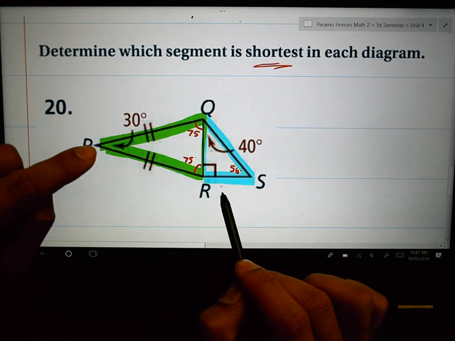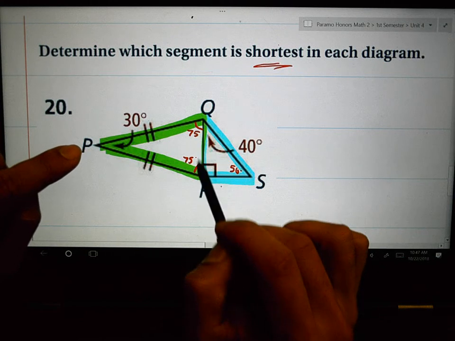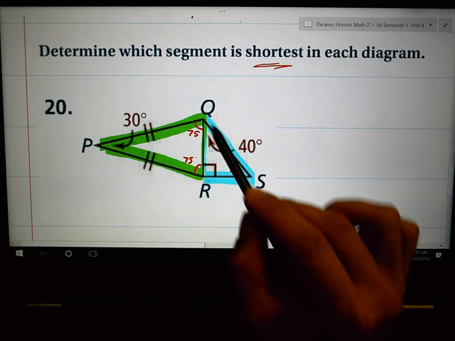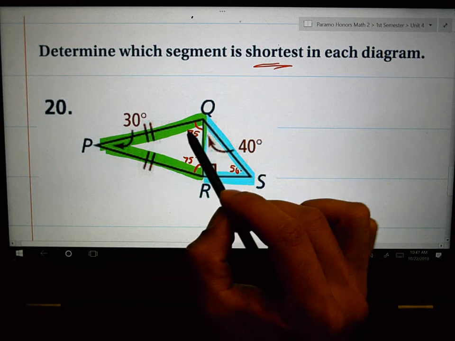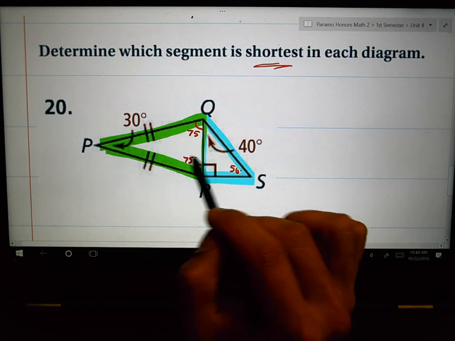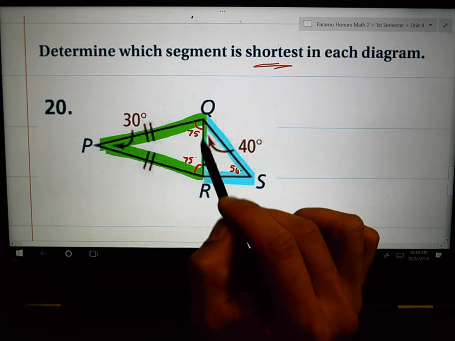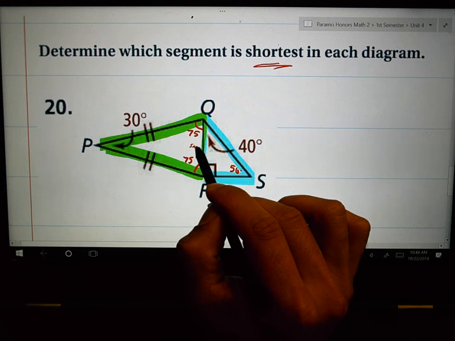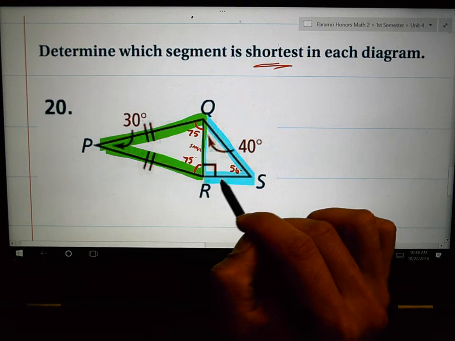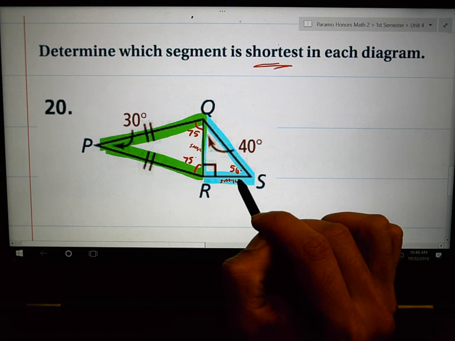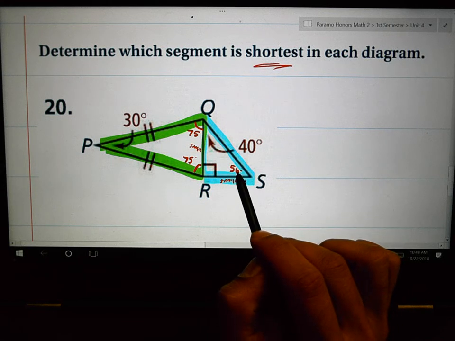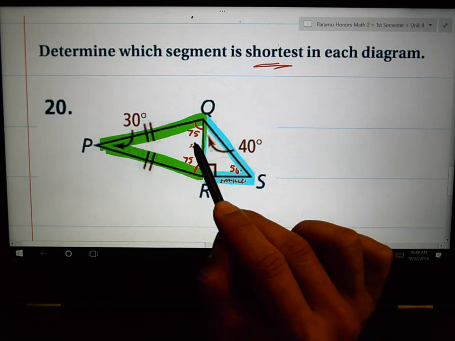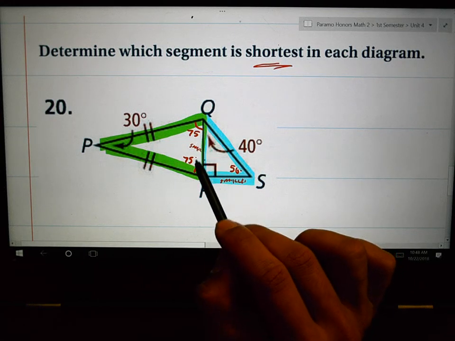Well, let's compare. Is QR smaller than RS? Well, since QR is in both, this is in the green triangle and the blue triangle, and so let me say this is the smallest there, this is the smallest there. 50 degrees is the middle side of the blue triangle, and that's across from the smallest in the green.